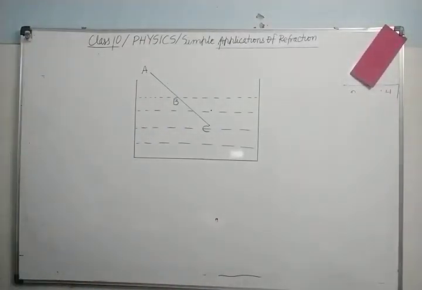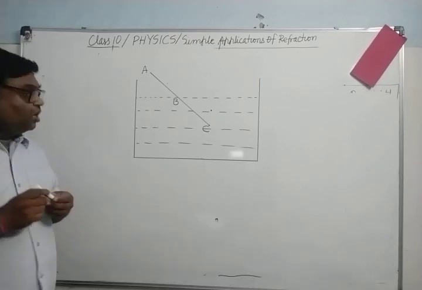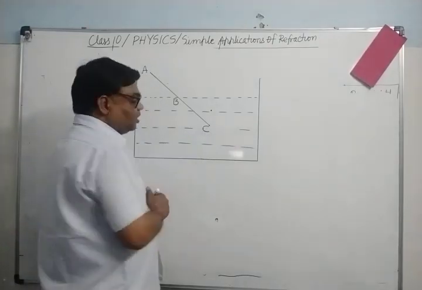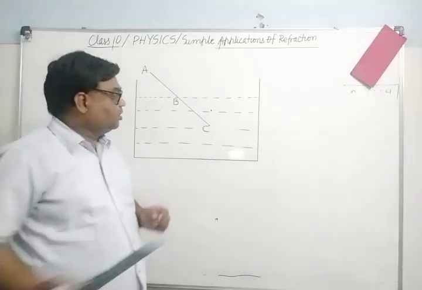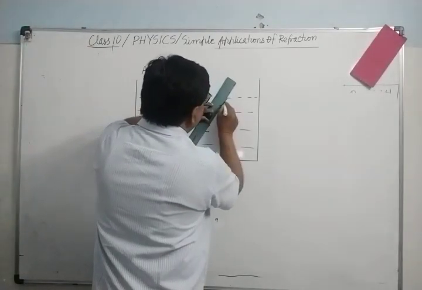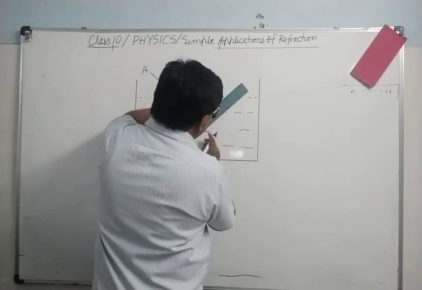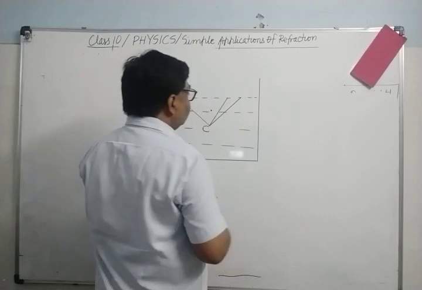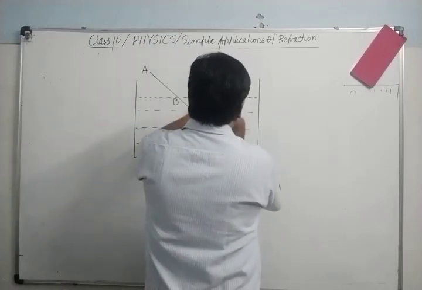It's clear that you can see here. Image will form above the C, and how? You take two rays. Here I have taken two slanting rays. One slanting ray is this, and another slanting ray is this. What will happen after refraction?